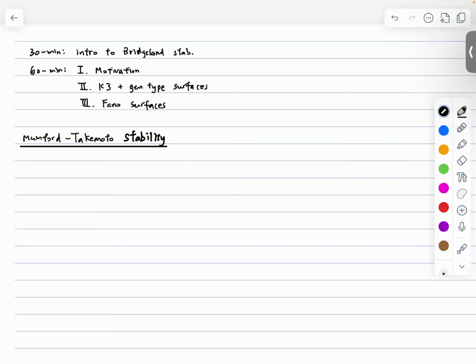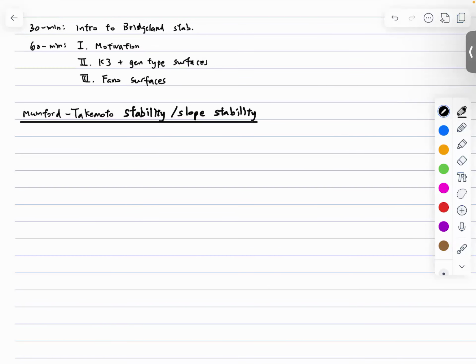So for Mumford-Takemoto stability or slope stability, here's the idea. In algebraic geometry, we care a lot about moduli spaces, and we want moduli spaces to be nice.